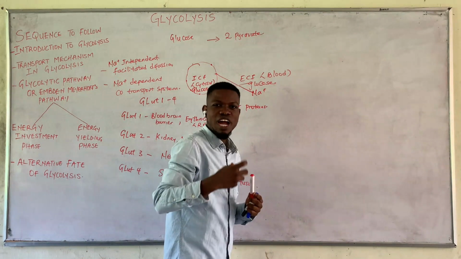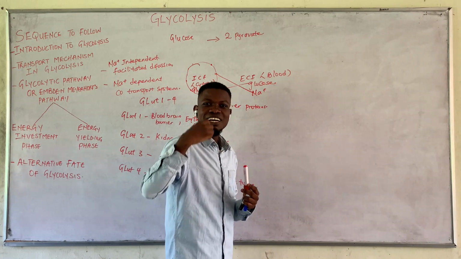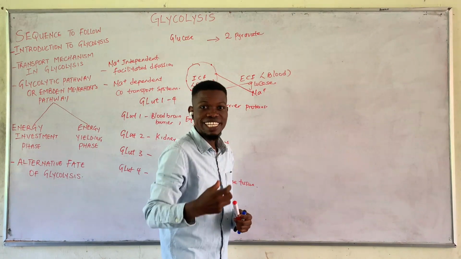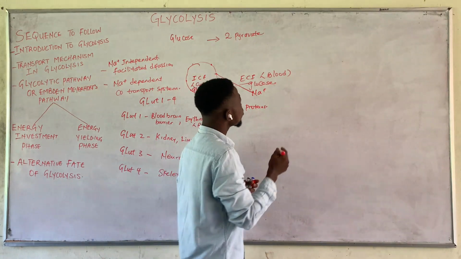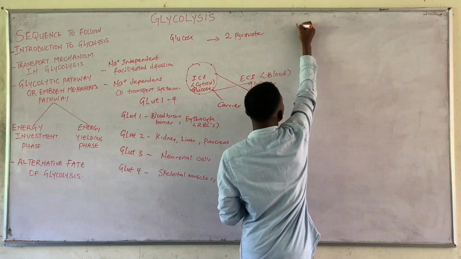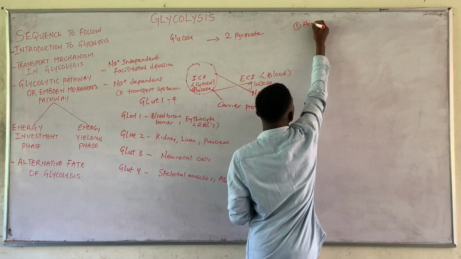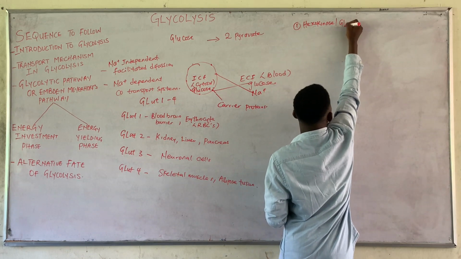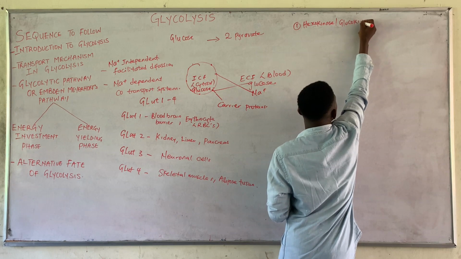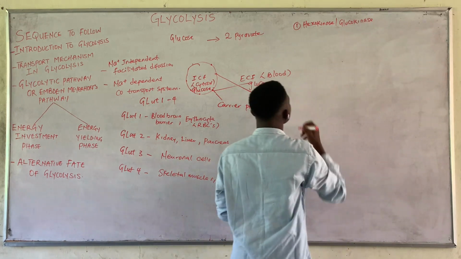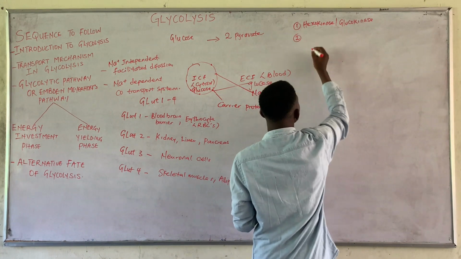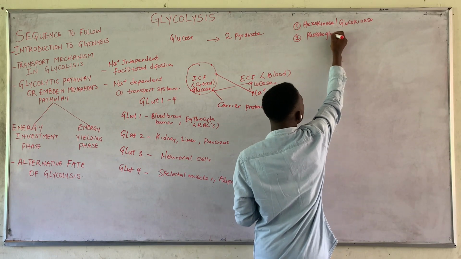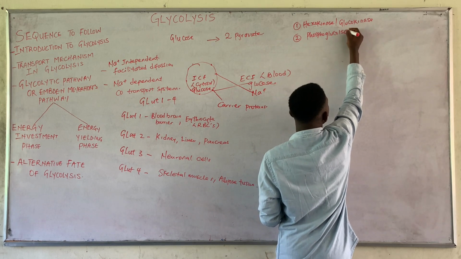First of all, let's look at those enzymes that are present in the glycolytic pathway. You need to know about the enzymes present in the glycolytic pathway. So the first enzyme is the hexokinase or glucokinase. The second enzyme is the phosphoglucoisomerase.